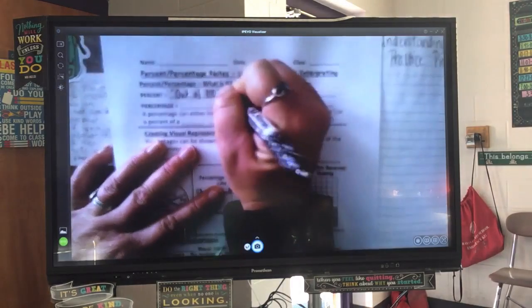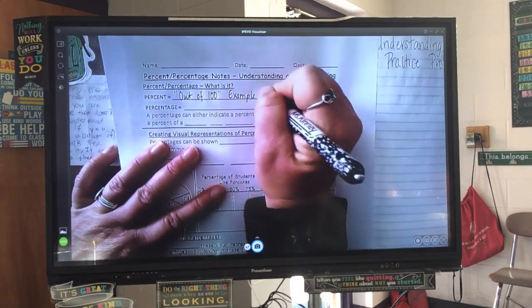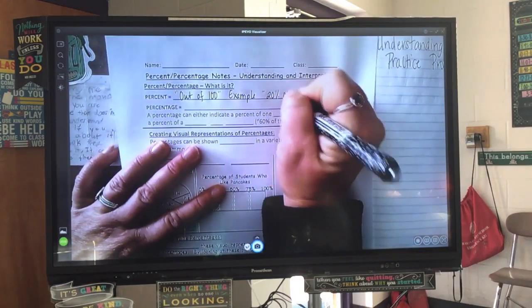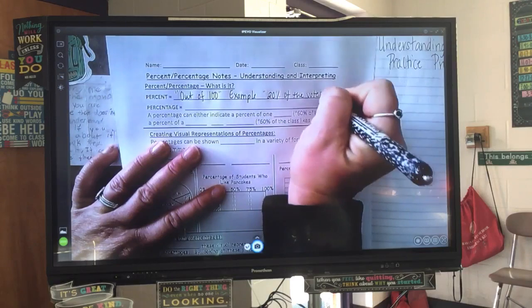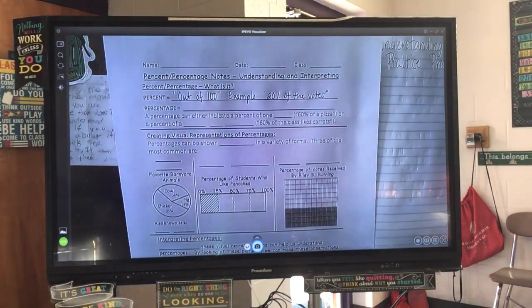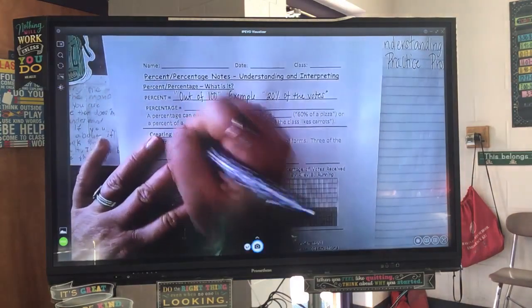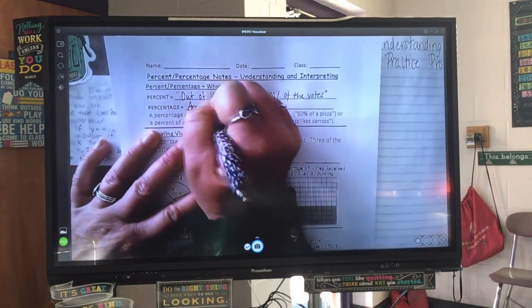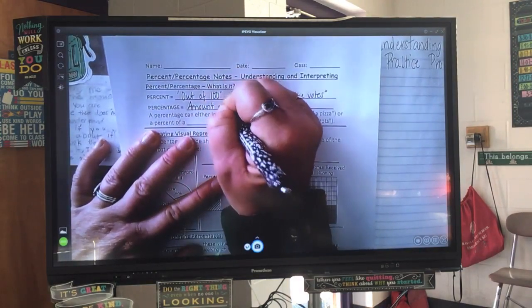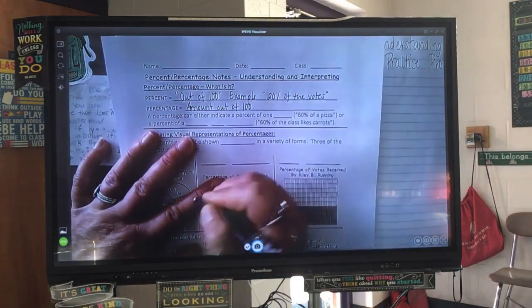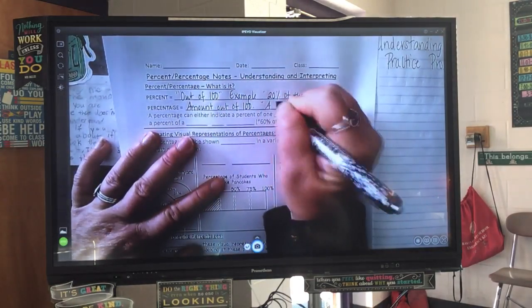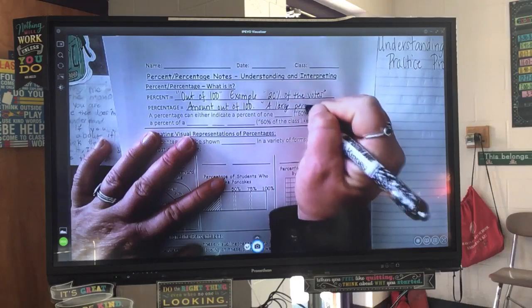So an example of this is 20% of the votes. Alright, a percentage is an amount out of 100. And then you usually say a large percentage.